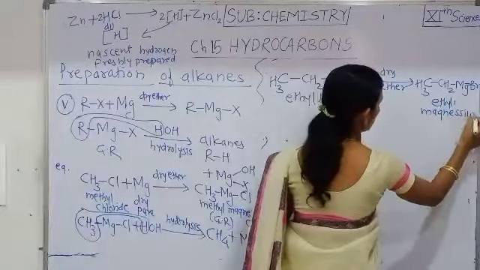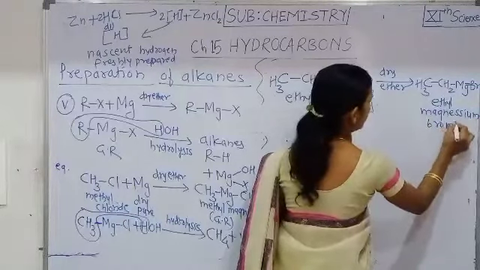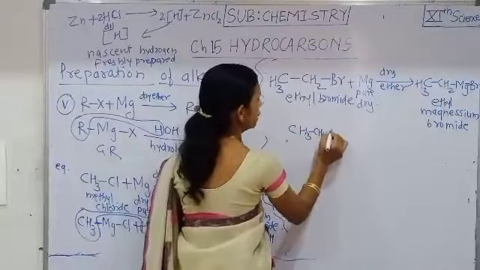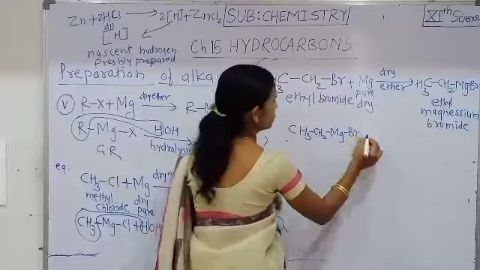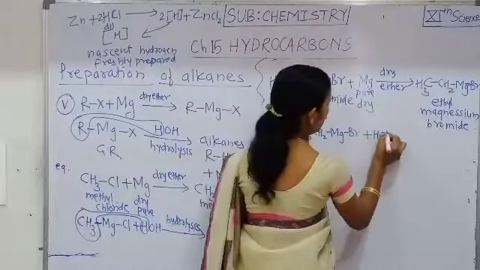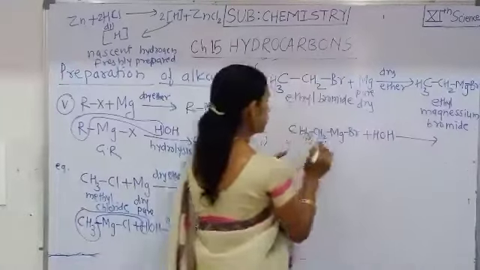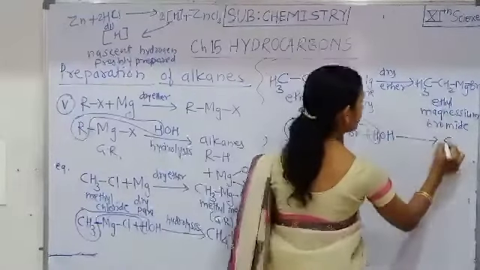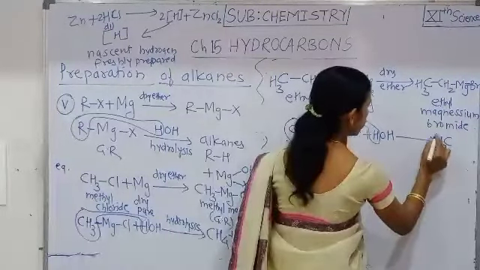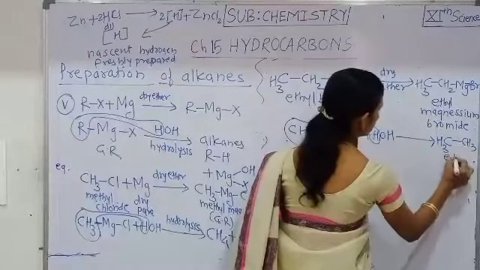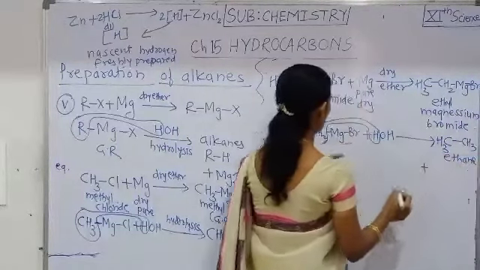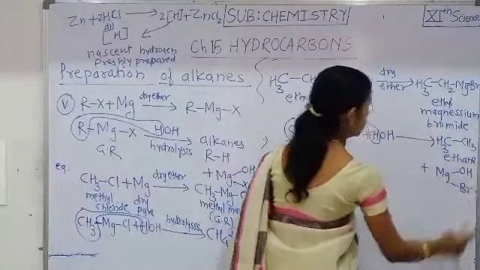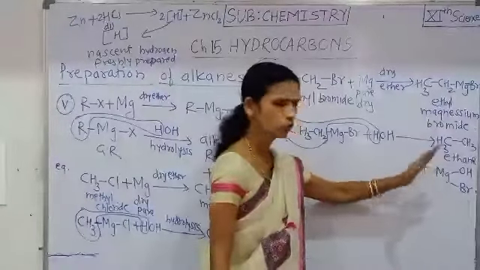And that ethyl magnesium bromide undergoes hydrolysis to give ethane. The corresponding alkane obtained here is ethane, with the formation of the byproduct magnesium hydroxy bromide. You should write the byproduct also here.